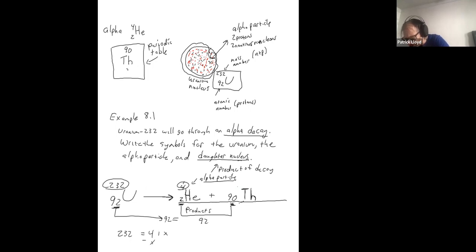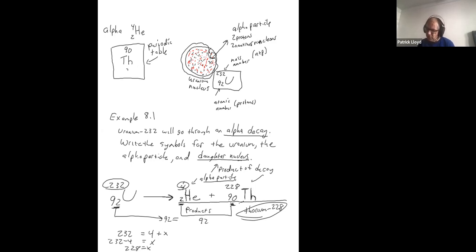Well, x would just be 232 minus 4, which is 228. So we write that number up there. This would be called thorium-228, the isotopic symbol for the daughter nucleus.